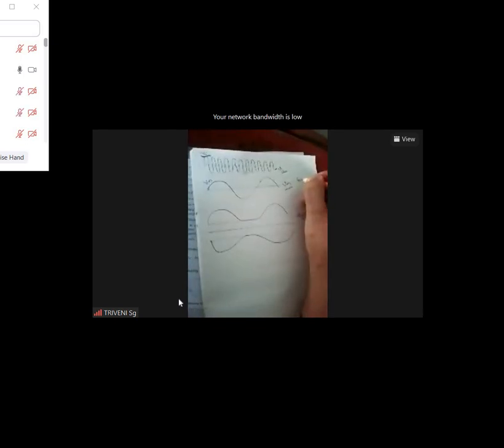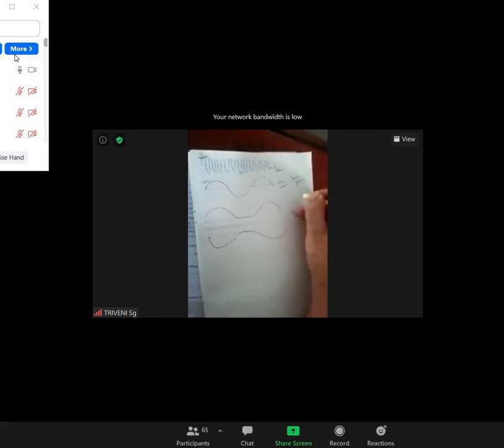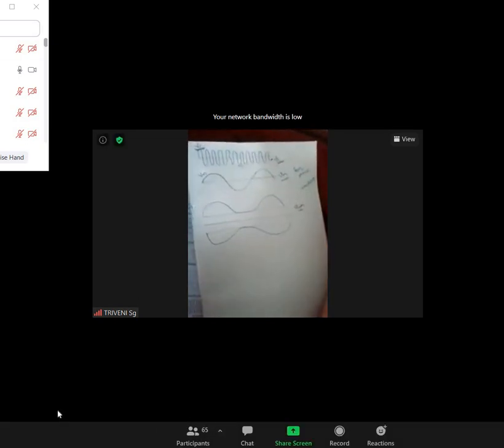In this, the frequency is constant as well as the phase of the carrier is constant. What is the factor we are going to change? The amplitude of the carrier signal we are going to change.